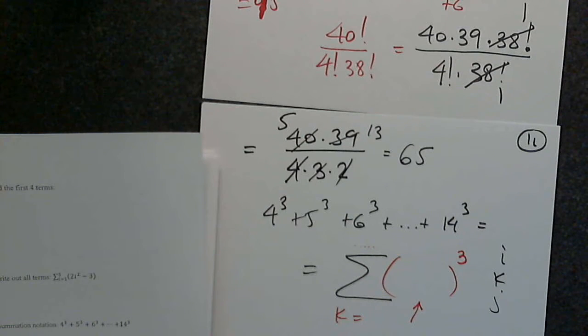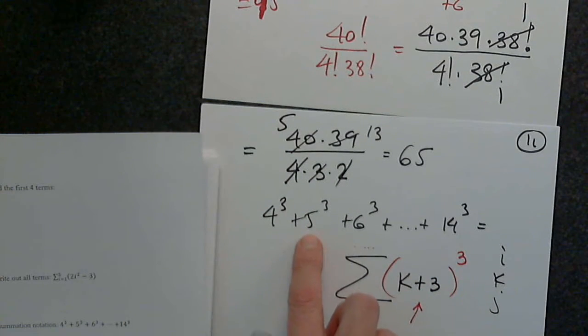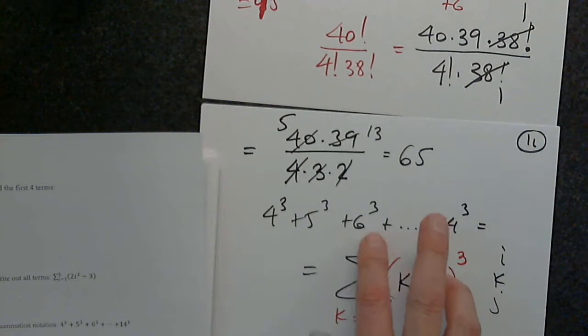There's more than one correct answer here. So I will write k plus 3, and let's see what happens, and then we'll decide how far. When k is 1, 1 plus 3 is 4. When k is 2, 2 plus 3 is 5. When k is 3, 3 plus 3 is 6.